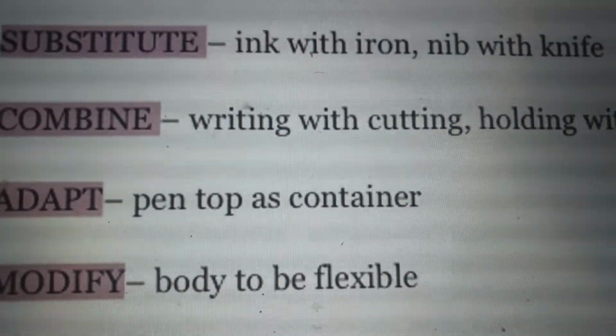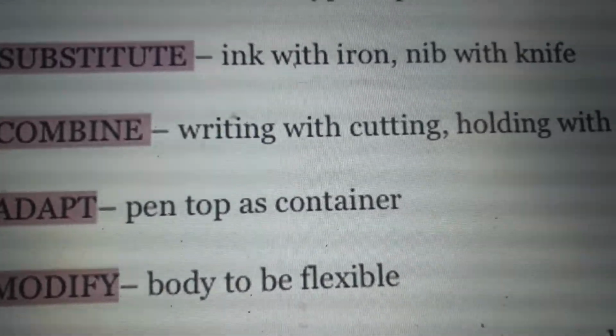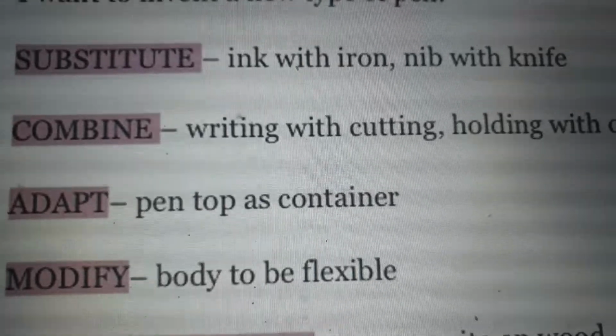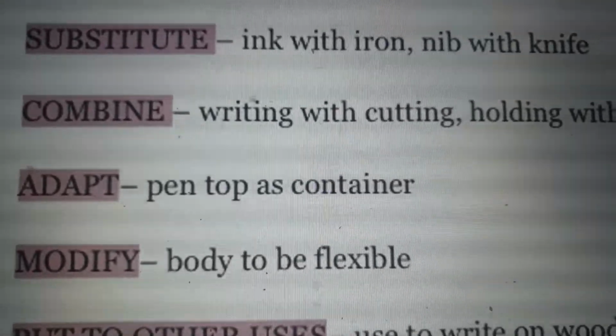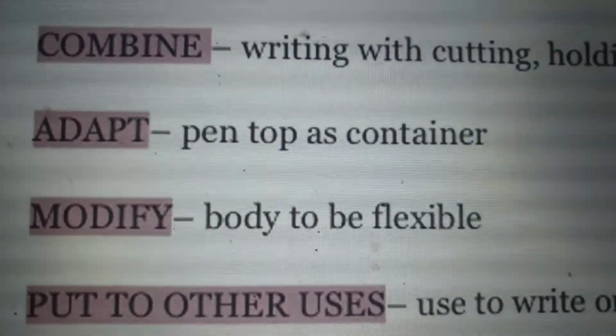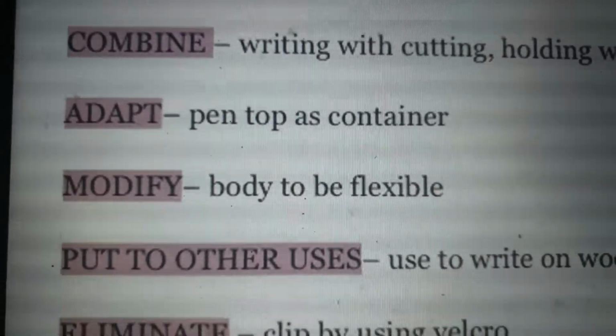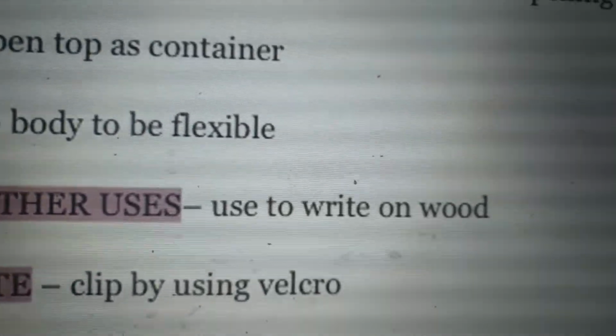Adapt the pen top, the lid of the pen, to be a container, maybe for measuring doses of medicine if you want. Modify the body so that it's flexible. Put to other uses.